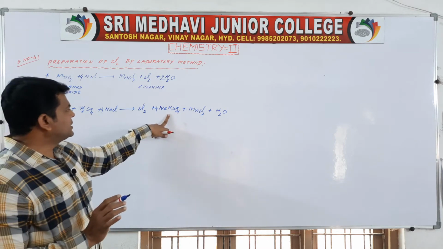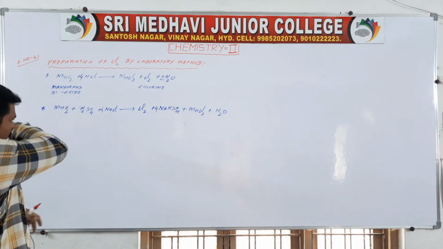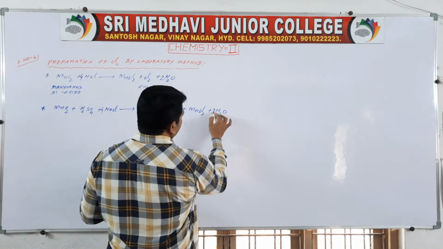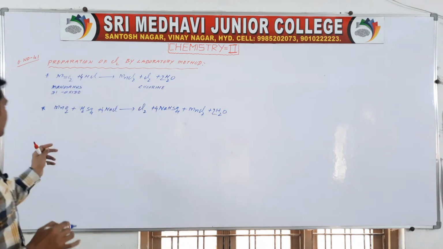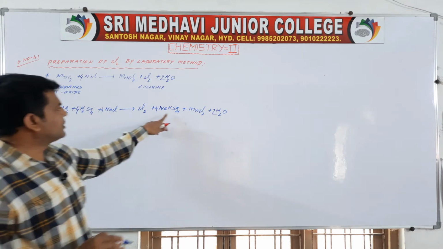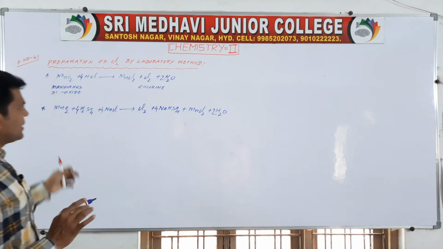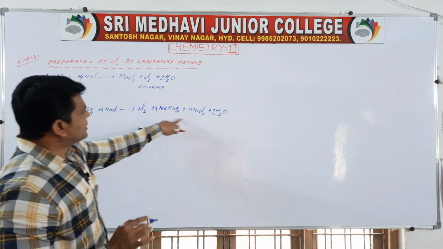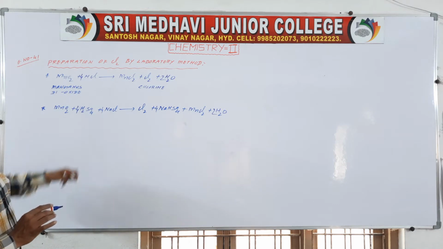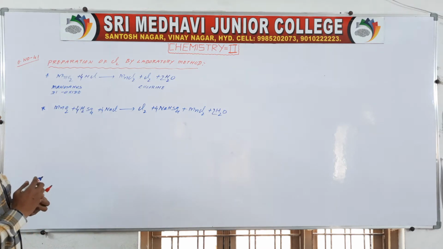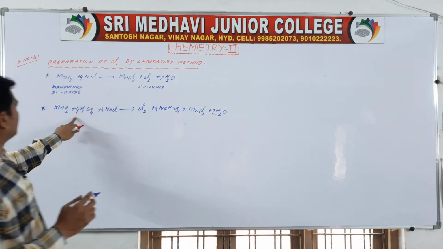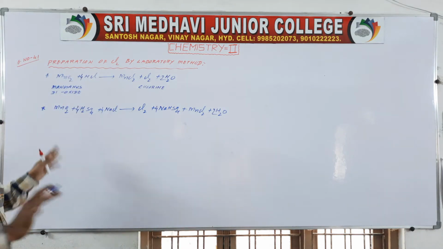So 4 hydrogens. Next here if you take 2, then if you take 4 hydrogens, 4 2s are 8, 4 hydrogens, 2 2s are 4, balanced. Then how many oxygens? 4 4s are 16, 16 plus 2, 18, balanced.